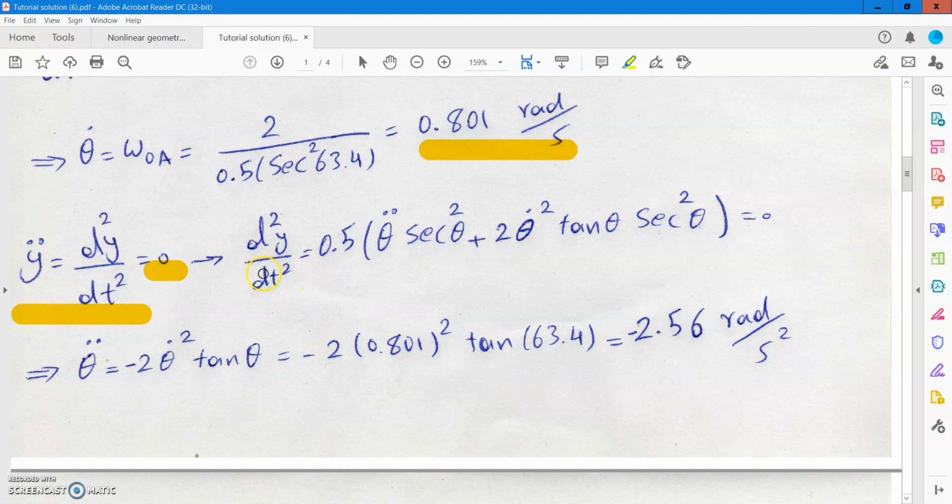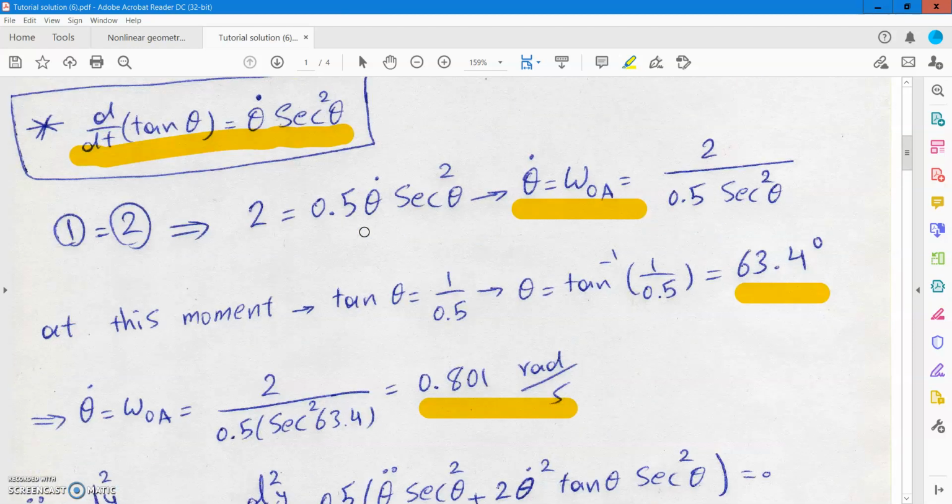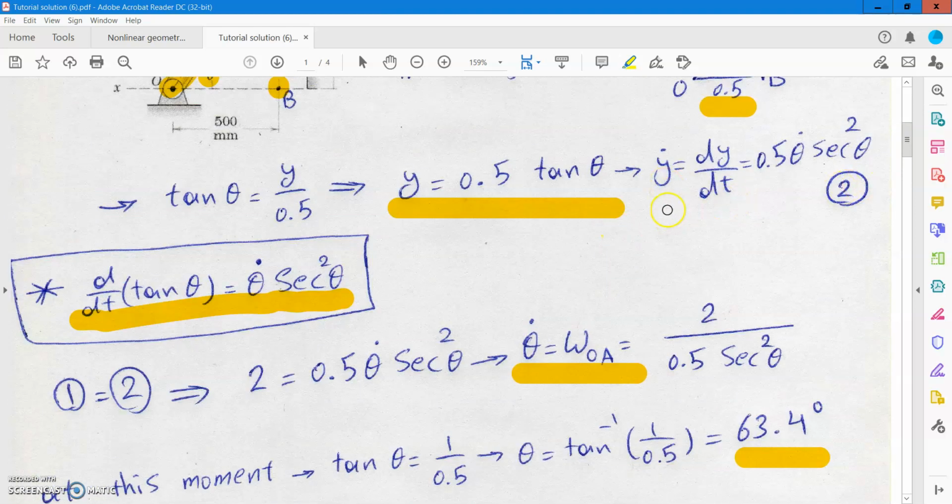Here you calculated y dot, so you can calculate the second derivative by finding the derivative of this term: the derivative of theta dot with respect to time times secant squared plus the derivative of secant squared with respect to time times theta dot.